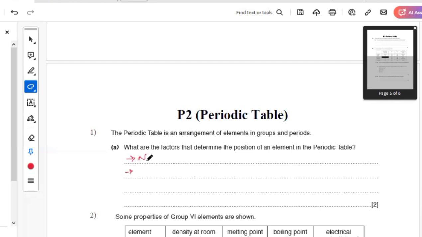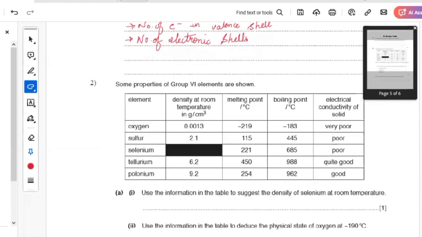The first is the number of electrons in the valence shell, because that determines which group the element is in. The number of electrons in the outermost shell tells us the group number. The second one is the number of electronic shells, because that would indicate which period that particular element is present in. So these are two things that define the position.